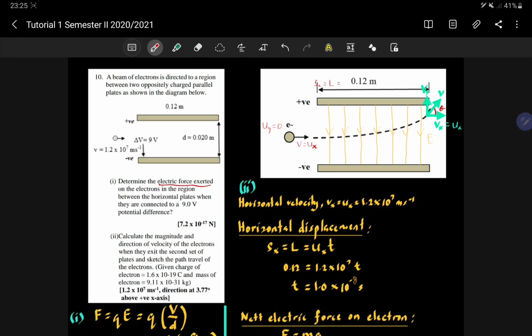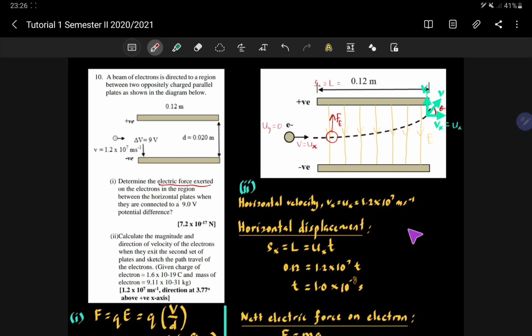So where is the force actually? When the electron just enters the region with E here, the force exerted on it is Fe, the electric force. And according to Mr. Coulomb, the negative particle will be attracted by the positive plate. So this is Fe.